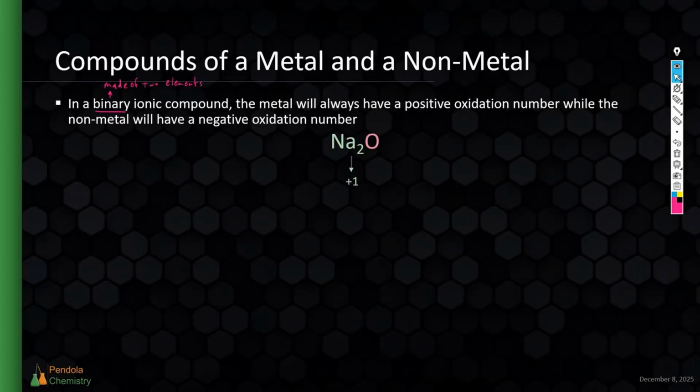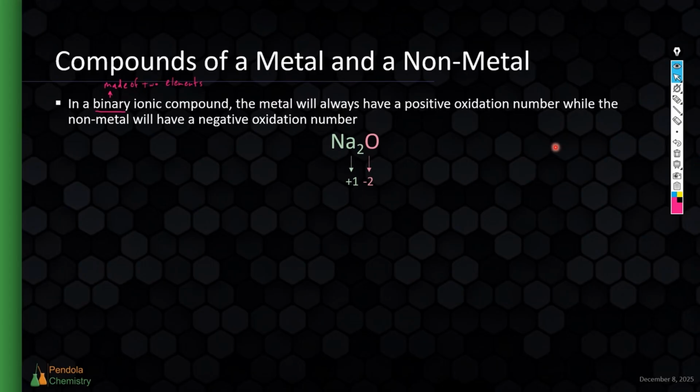Because this particular situation is neither a peroxide nor F2O, our oxygen here is going to have a -2 oxidation number. So this is a very straightforward and simple application of the rules that we saw in the previous video.